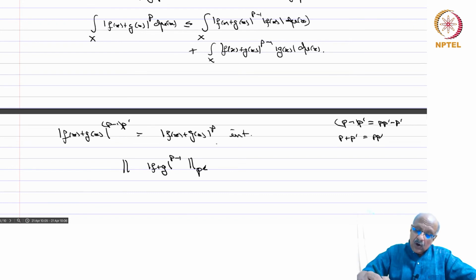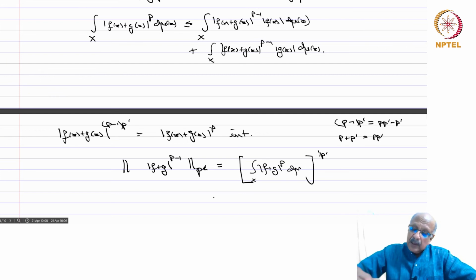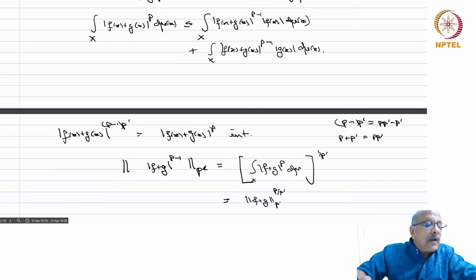So the p' norm is nothing but the integral over X of the function |f+g|^p dμ, to the power 1/p', and that is equal to nothing but the norm of f+g_p to the power p/p', because this thing is nothing but the pth power of the norm, and therefore you have that this is ||f+g||_p^(p/p').